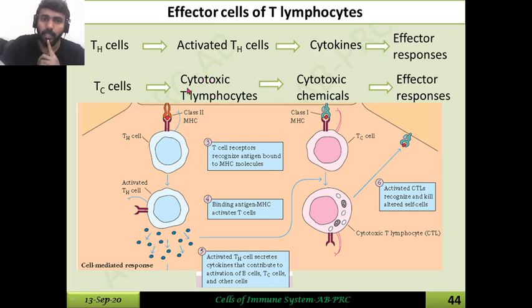Okay, cytotoxic T lymphocyte or CTL, and this CTL will secrete chemicals, and these chemicals in turn target the cell which presented the antigen, right? So the activated CTLs recognize and kill the altered self cell. That means the self cell which presented the antigen for activation of the TC cell will be targeted.